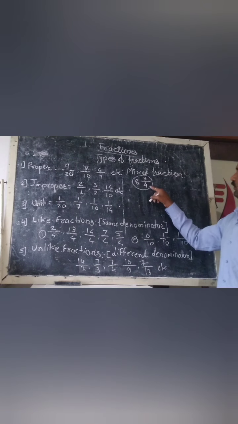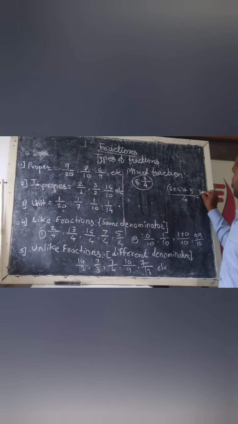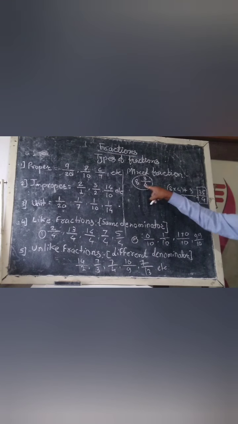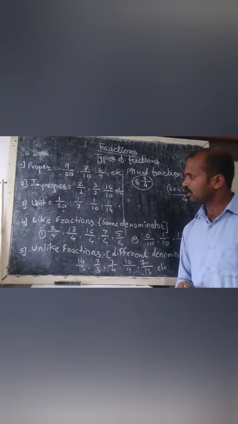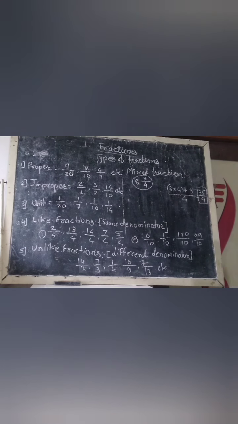How? 8 multiplied by 4 plus 3, upon 4. In this way we can convert it. 8 4s are 32 plus 3, 35 upon 4. So this is the improper fraction conversion of this mixed fraction. That we will study step by step. Then we will see the next type.